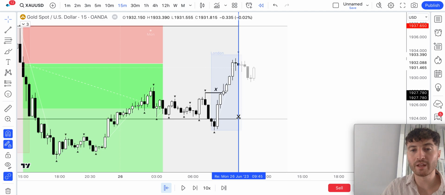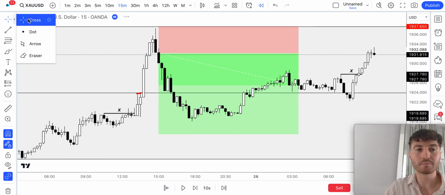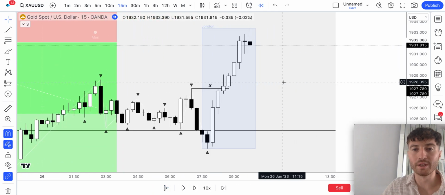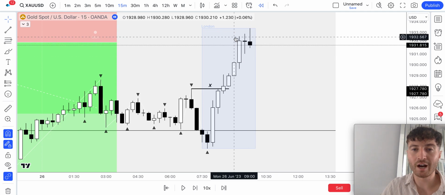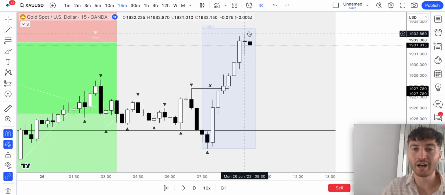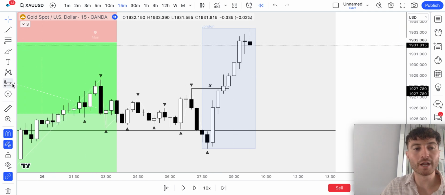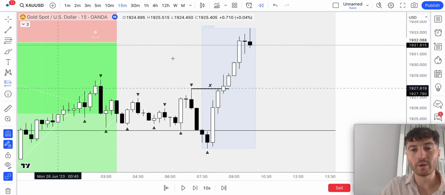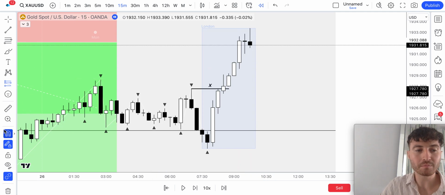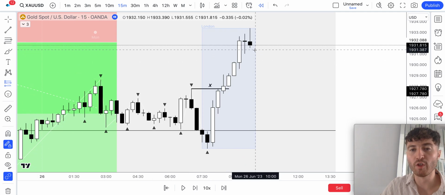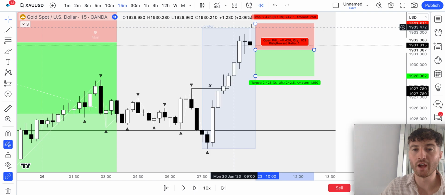Okay, so let's play this back a tiny bit here. So we've run that liquidity, okay, we have a higher high, followed by a higher high, followed by another higher high, okay? So based on our entry schematic, we can enter a short position on the break of the low of that higher high candle there.